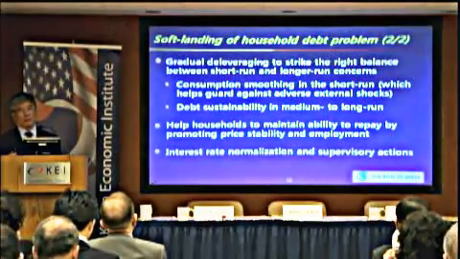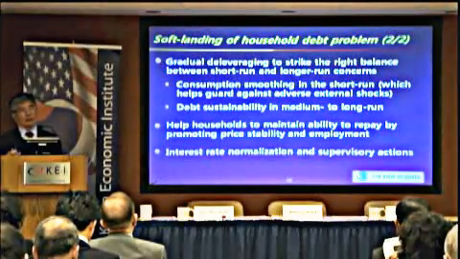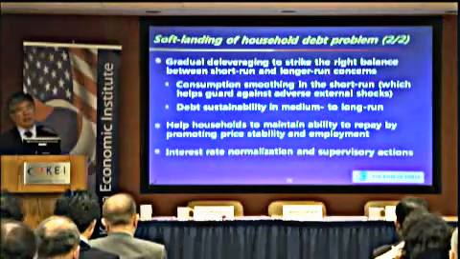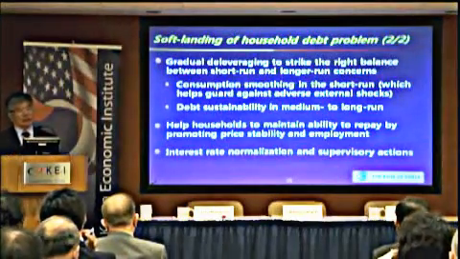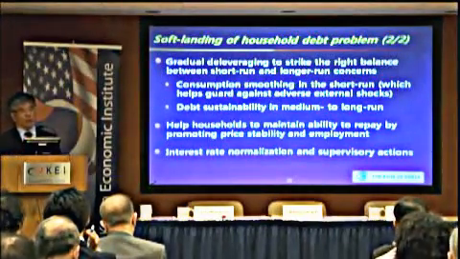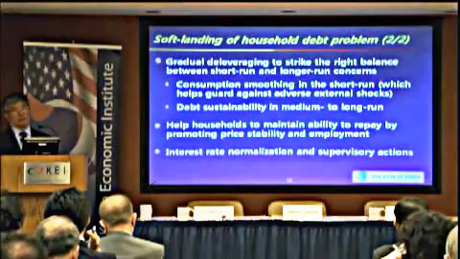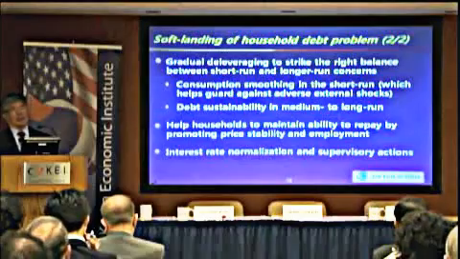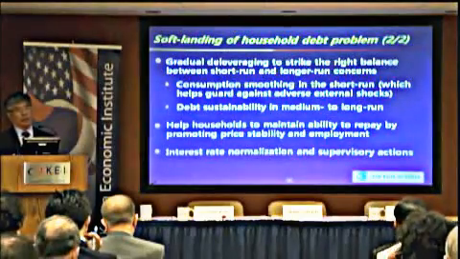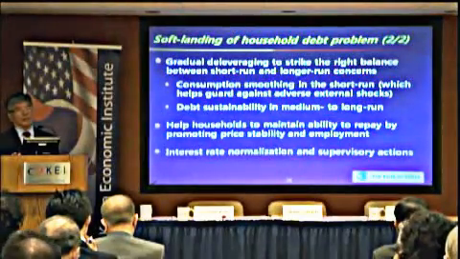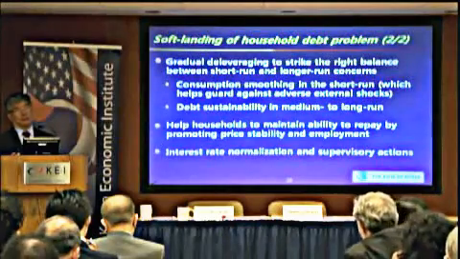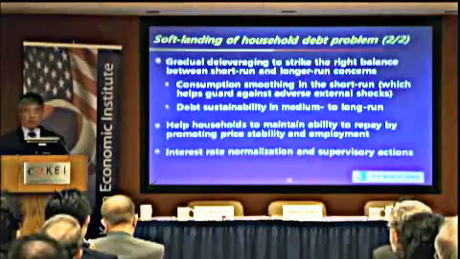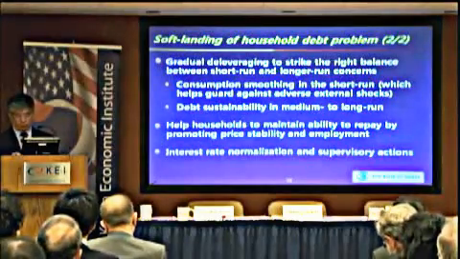LTV for Korea currently is about 47.2%, which is substantially lower than the LTV that you had during the time of the subprime mortgage or for other countries. And because of such a low LTV, I don't expect financial institutions will face any substantial difficulties because of this household problem.